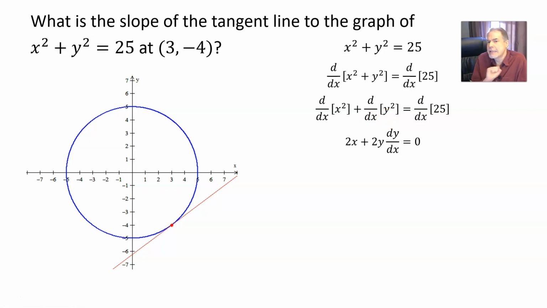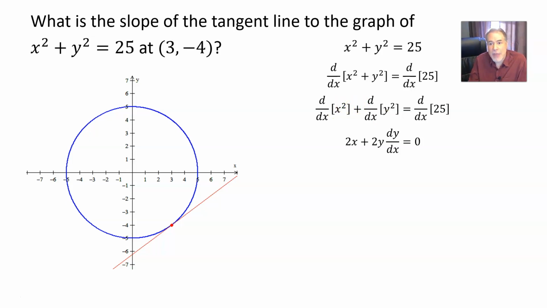And the derivative with respect to x of y squared, now if you're thinking it would just be 2y, that's not quite right, because we're differentiating not with respect to y, but with respect to x. We're thinking of y as depending on x, being a function of x. And so we have to use the chain rule.